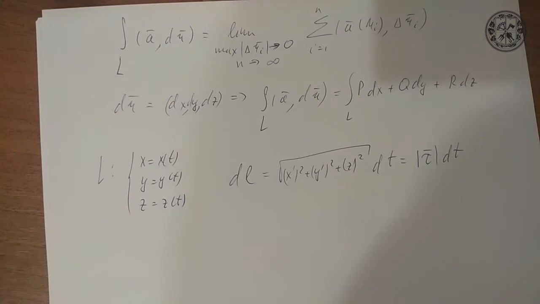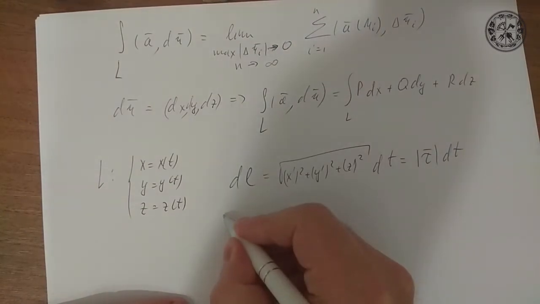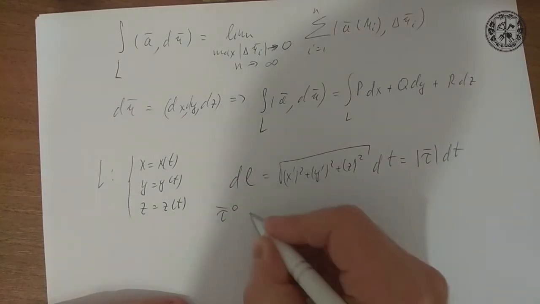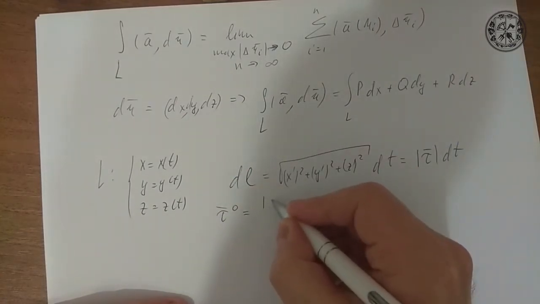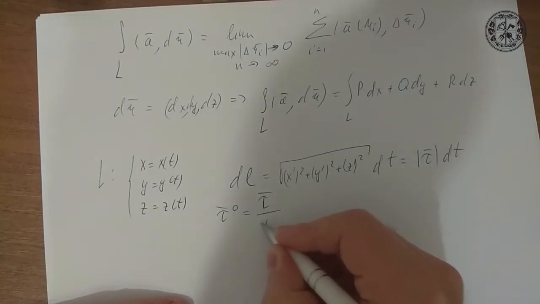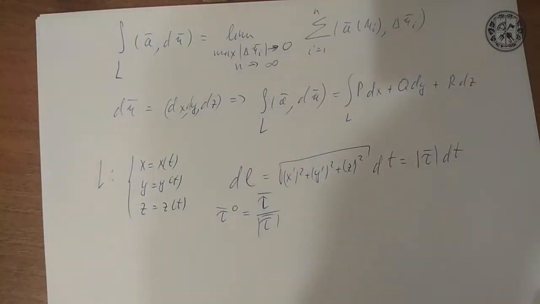This tau is a vector that is tangent to curve L at point M, x of t, y of t, z of t. If we write down tau 0, which will be vector tau over the absolute value of tau, we obtain the same direction as tau, but we make it a vector of length 1.